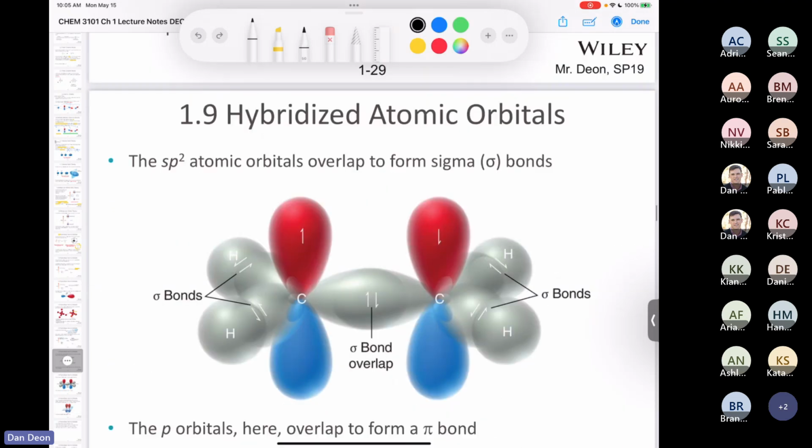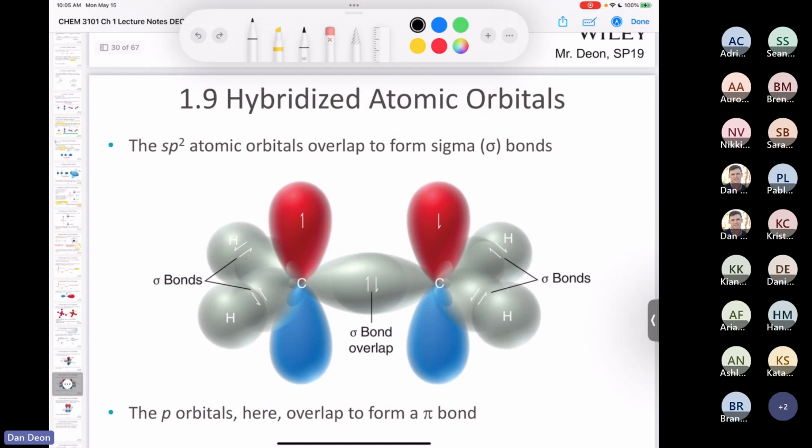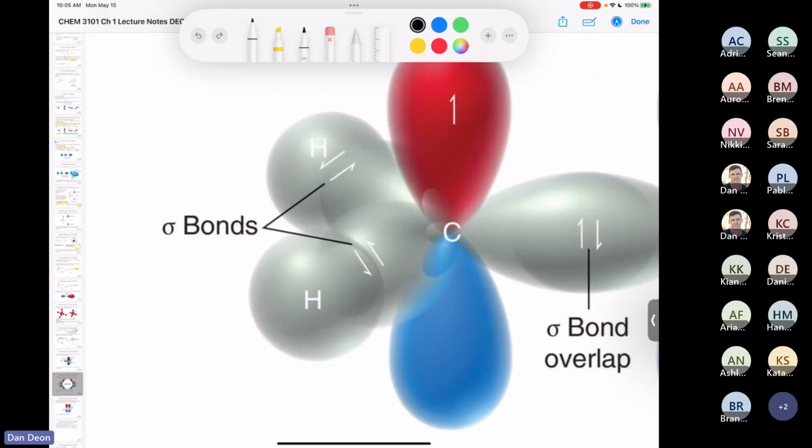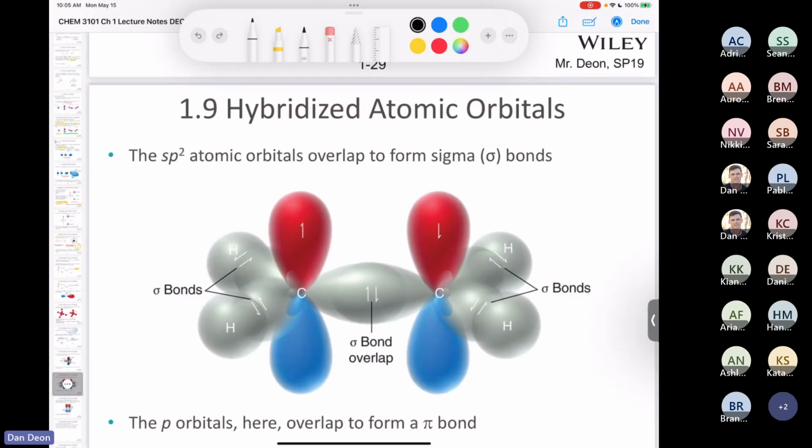So if you're wondering what it looks like, it looks like this. So here's one carbon. Hold on, let's watch the whole show before we make any harsh judgments, okay? Let's just focus on one side of it. What they're showing you here is an ethylene molecule. This is the molecule C2H4.